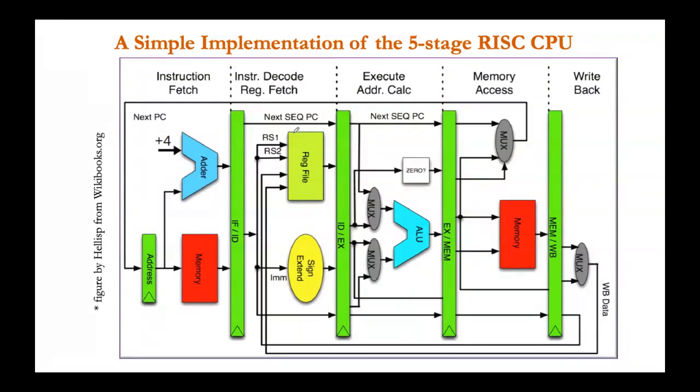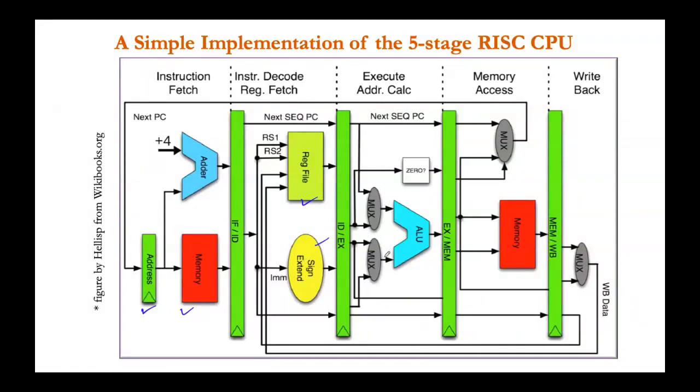So this is the overall implementation of your 5-stage RISC CPU and your data path, from instruction fetching to memory access. What are the various components? The PC, instruction memory, register files, and the sign extender, which converts the 16-bit word memory address into 32-bit.